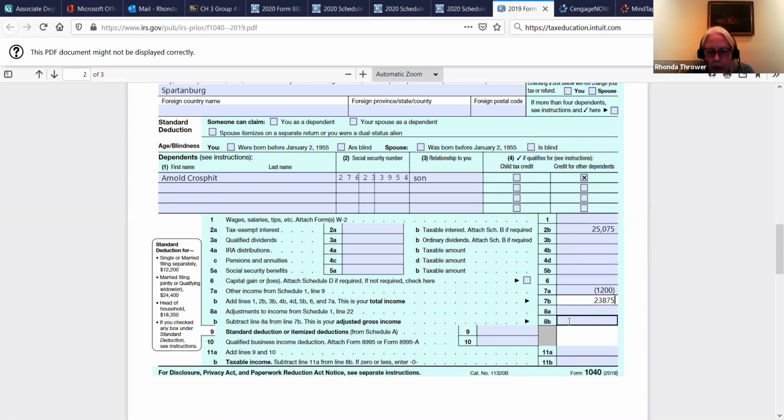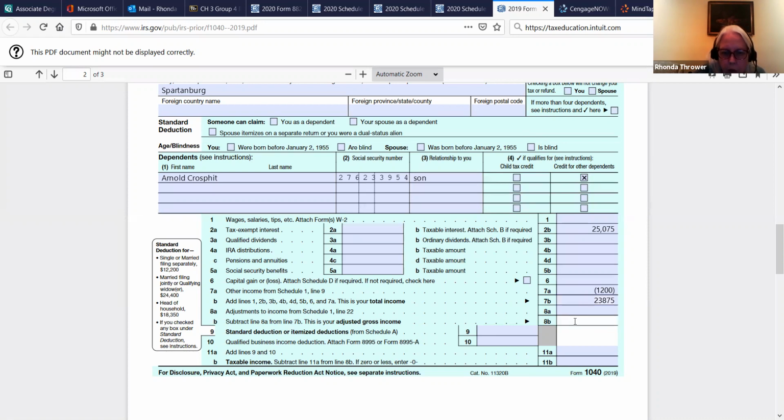All right, and then you need to look to see if there are any adjustments to income from Schedule 1. And so I don't believe we had any adjustments to income on this particular one.